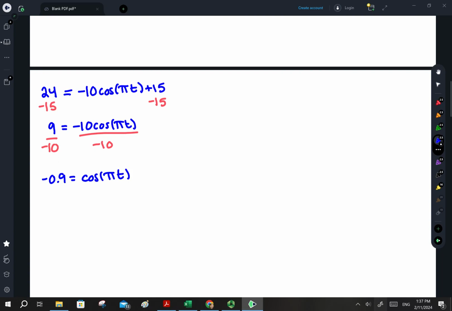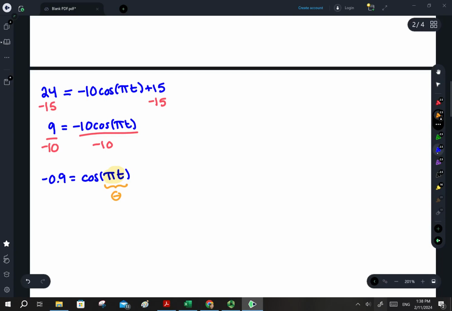t. From here, I highly recommend that you use a technique that's very common in math called substitution. So rather than work with cosine of pi t, I'm going to substitute, meaning replace that expression with a new expression that's simpler. So I'm going to call pi t theta.